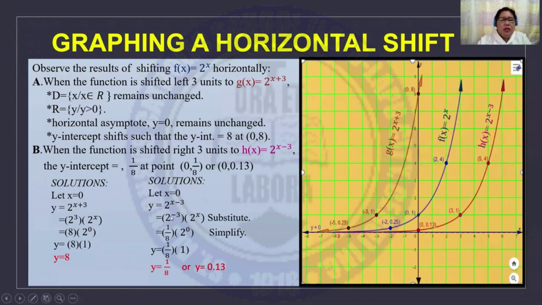And 2 to the negative of 3 is equivalent to 1 over 2 raised to 3. And this is equivalent to 1/8. And 1/8 times 1 is 1/8. And you can change this to decimal, equivalent to 0.125, or y is equal to 0.13. So this is how to solve the y-intercept of the third function.